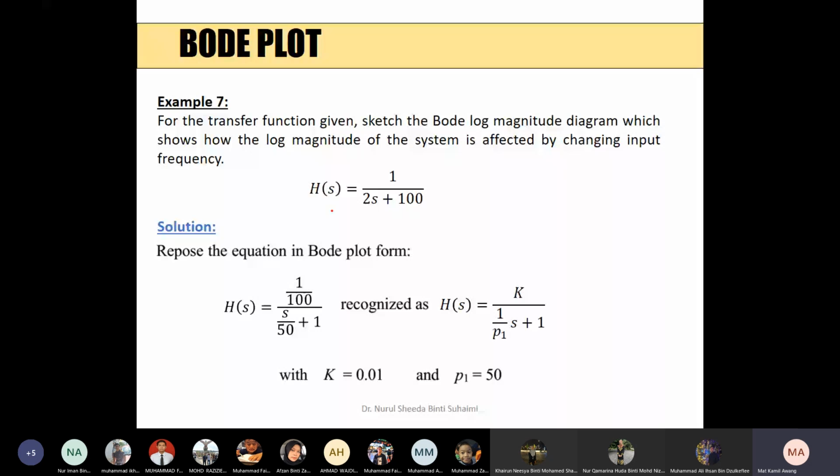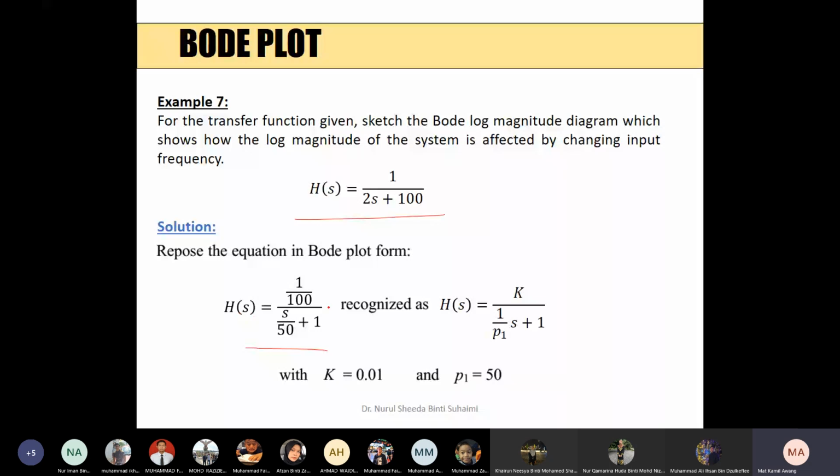H of s equal to 1 over 2s plus 100. How are we going to find this? This essentially can be written in another form. How to do that? You divide by 100 top and bottom. So when you divide by 100, you have H of s equal to 1 over 100 divided by s over 50 plus 1.